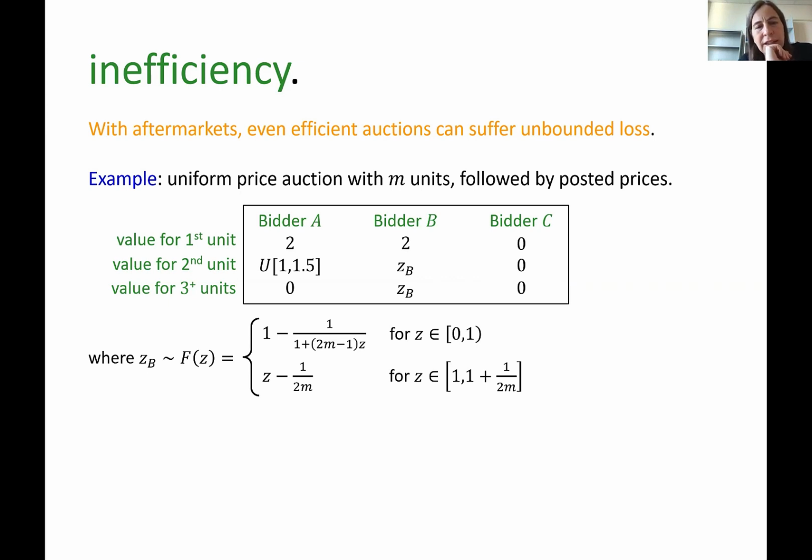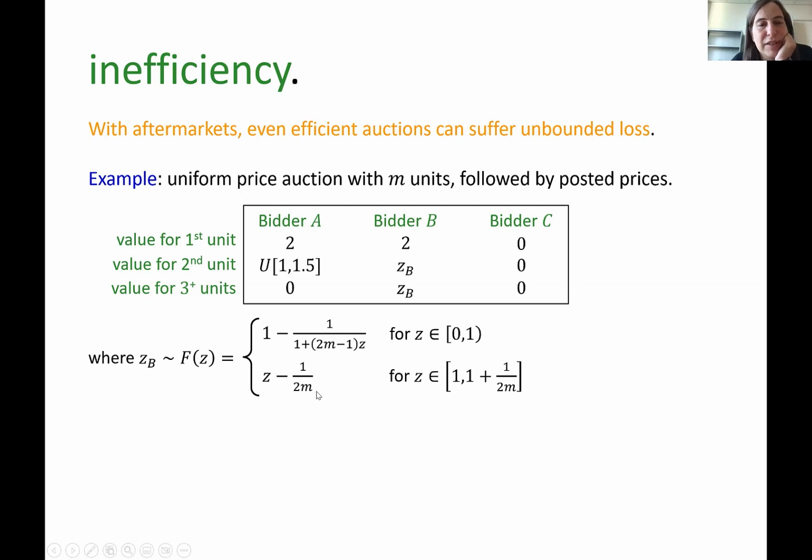Bidder B, on the other hand, is going to have a value of 2 for the first unit and then some constant value ZB for any additional unit. And this ZB is going to be drawn from a distribution which has 2 components. The probability of it being a low value is the first line here, and the probability of it being a value between 1 and 1 plus 2 over m, the maximum value of this buyer for additional units, is the second line here.